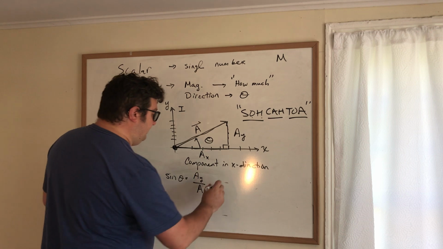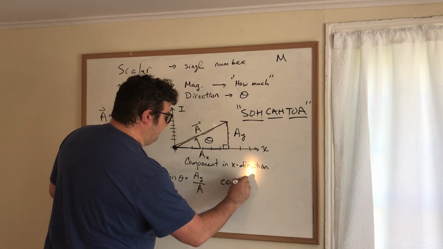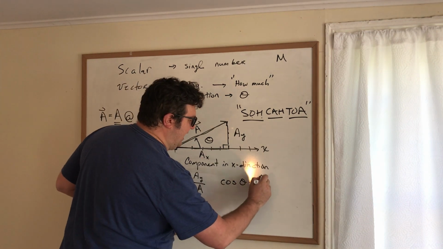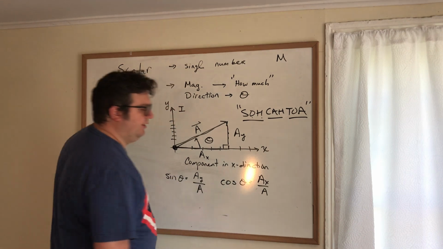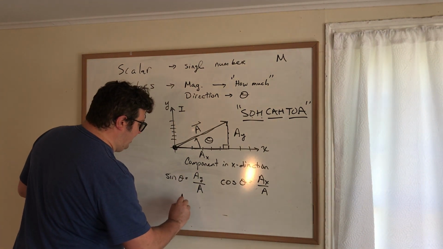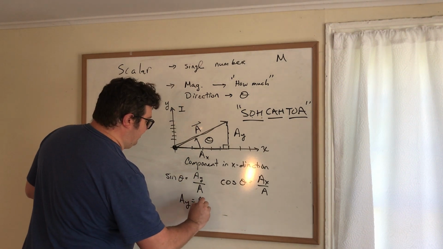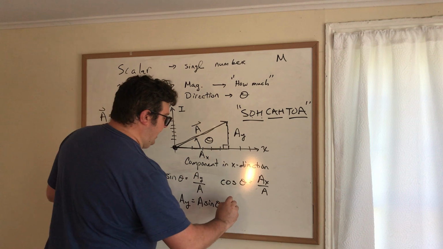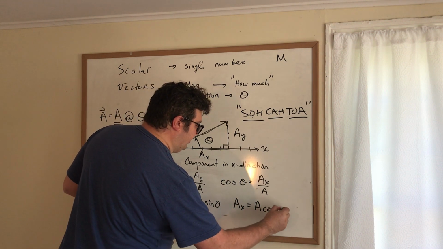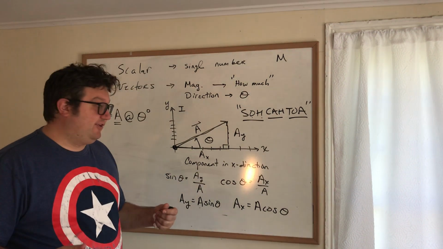And we know that, again, the CAH term, that the cosine of theta is going to be equal to the adjacent, which is AX, over the hypotenuse, which is A. So this tells me that AY, just doing some cross multiplying, is A sine theta, and AX is equal to A cosine theta. So it's really interesting here.